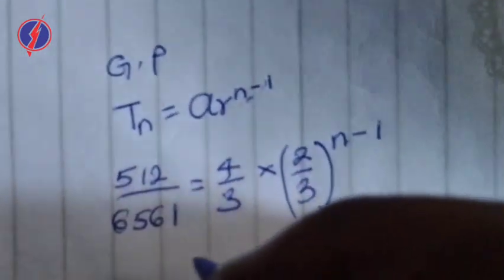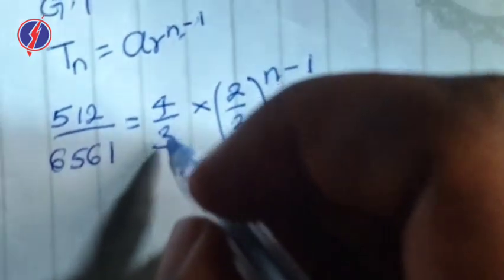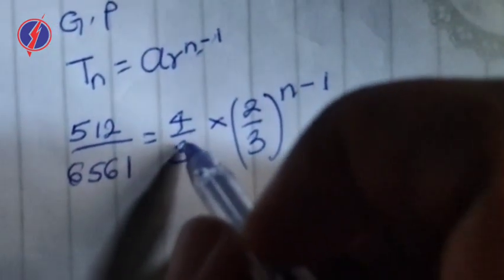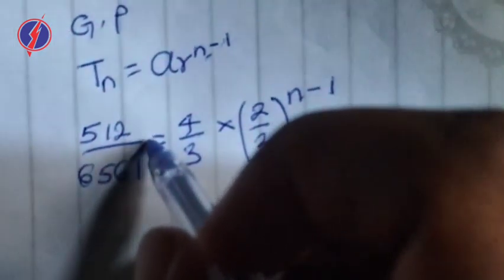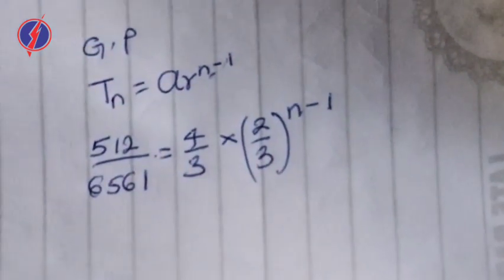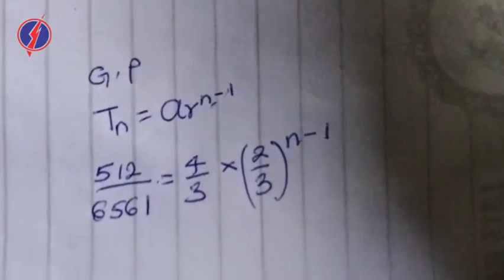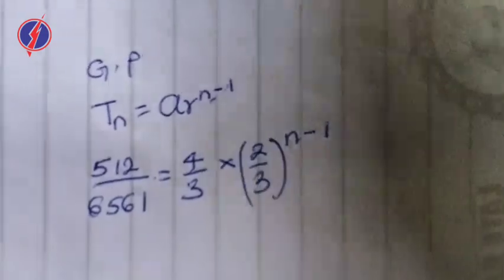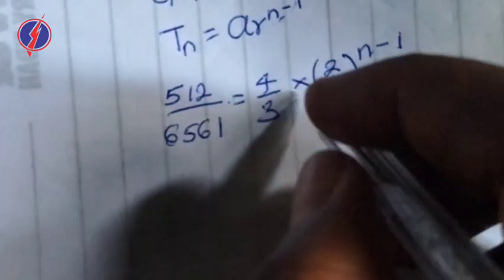So when this is crossing to this side, it's going to turn into a division, because this is already a multiplication here.